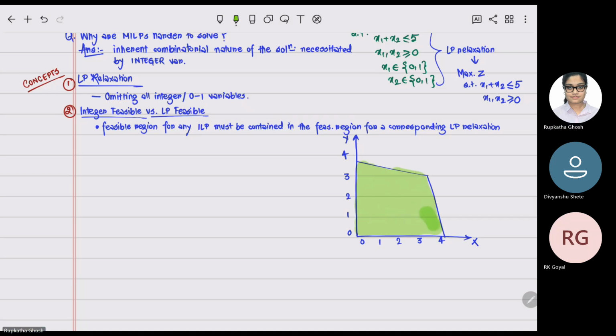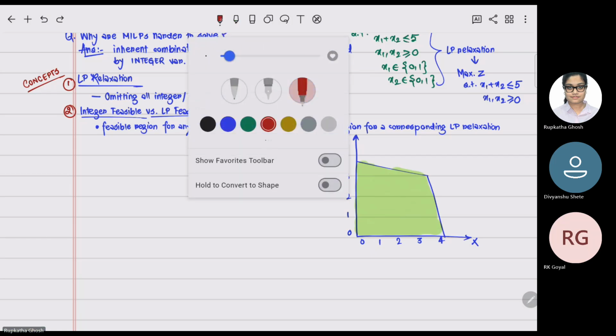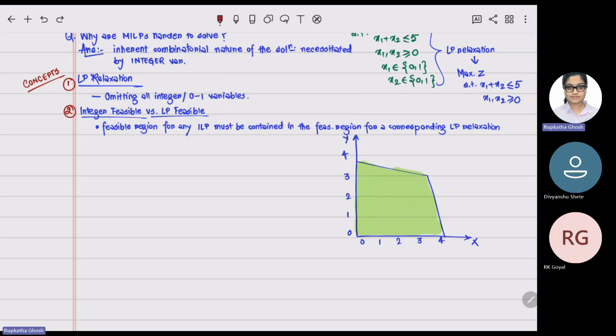Your integer feasible solution would look like somewhere here.